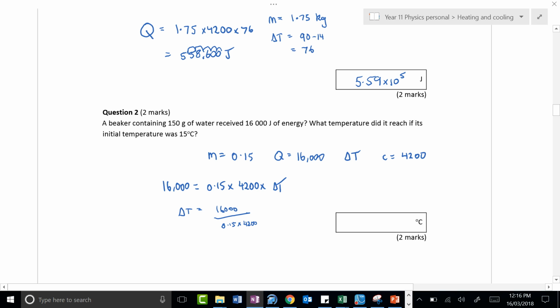When you do that, that will give you around about 25.4 degrees. So the final temperature is 15 plus 25.4 degrees, which is 40.4 degrees. It'd be a shame to do all that hard work and stop there. You'd only get 1 mark. You wouldn't get the answer mark. Not so bad, I hope.